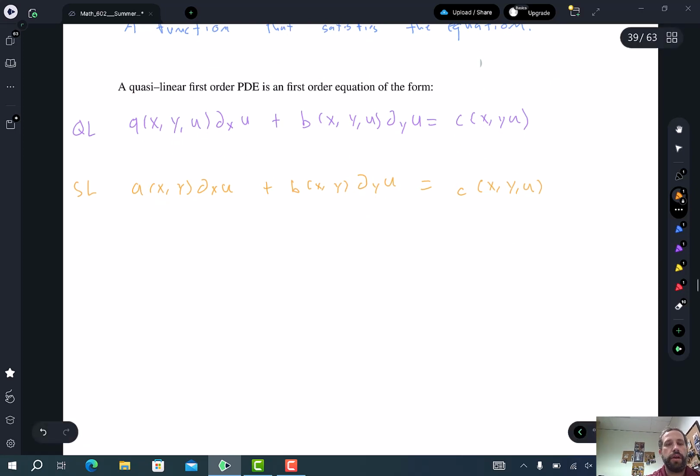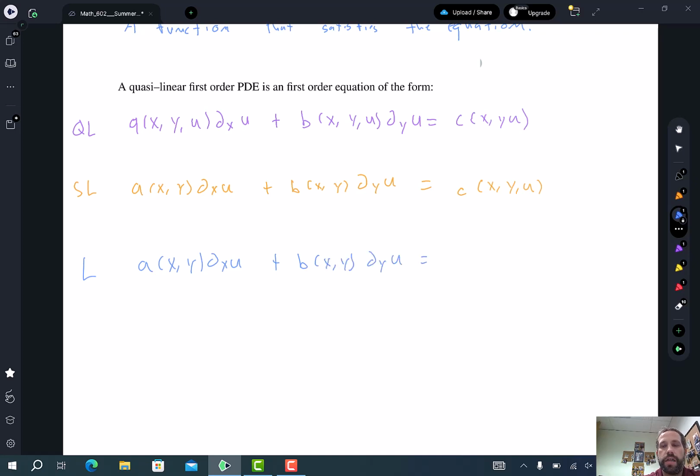And then a linear equation is an equation of the form where the left-hand side is going to be the same, but on the right-hand side, this is not going to depend on u. So we're going to have a given function of x and y times u, plus another given function just of x and y. So that's a linear equation.